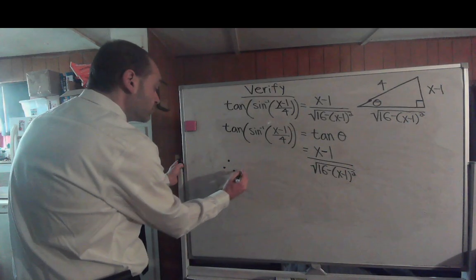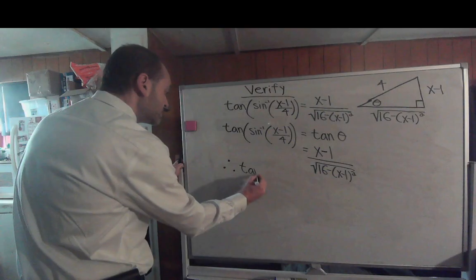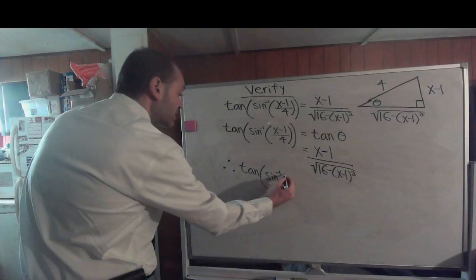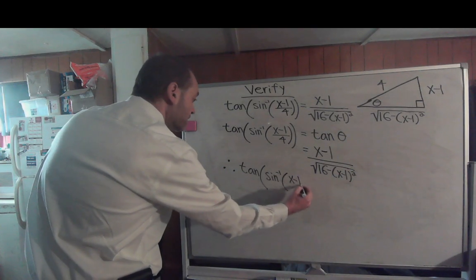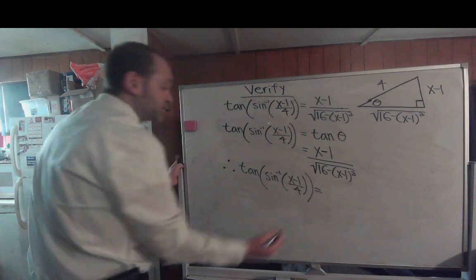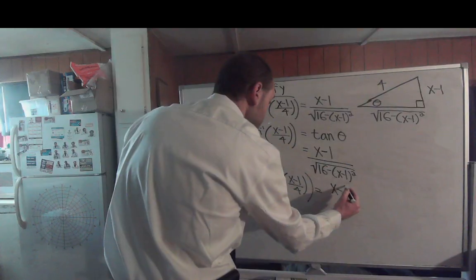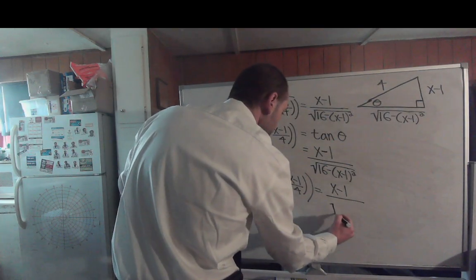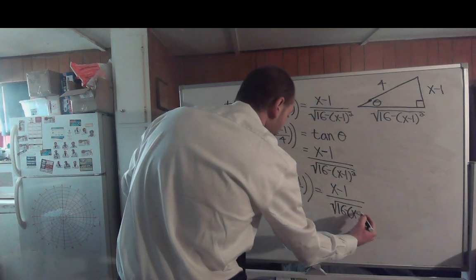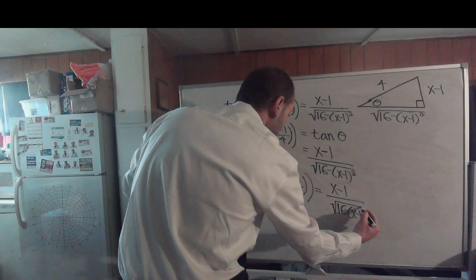Therefore, the tangent of the sine inverse of (x minus 1) over 4 is going to be equal to (x minus 1) over the square root of 16 minus the quantity (x minus 1) squared.